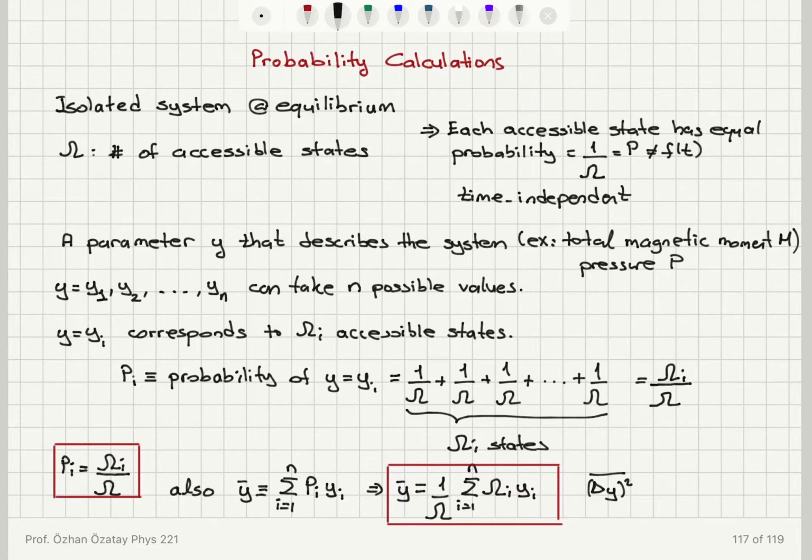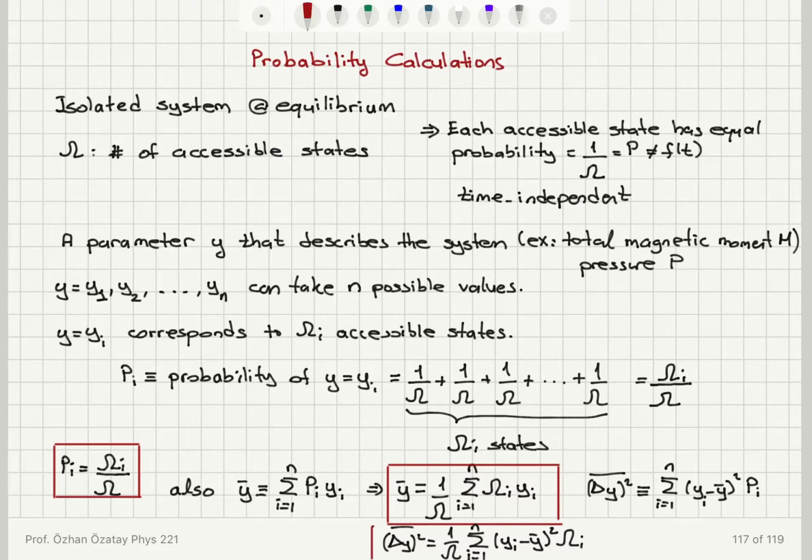This is by definition the sum from I equals 1 to n of (y sub I minus y bar) squared for each value of y, multiplied by the probability p sub I. So therefore, I will find that the variance, delta y squared bar, is 1 over omega, summation from 1 to n of (y sub I minus y bar) squared multiplied by omega I.